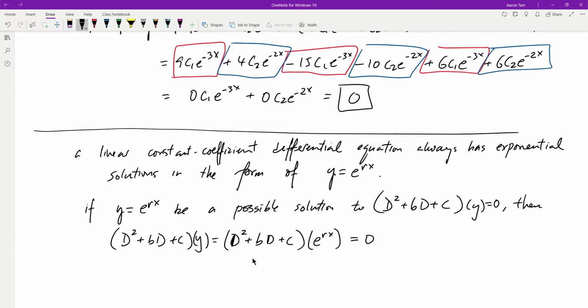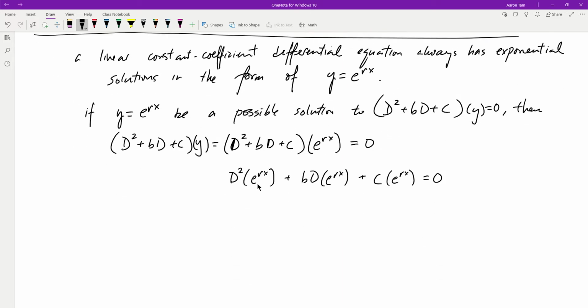Now, if I look at this equation right here, notice what happened. D squared becomes D squared of e to the rx plus bD of e to the rx plus c times e to the rx equal to 0.